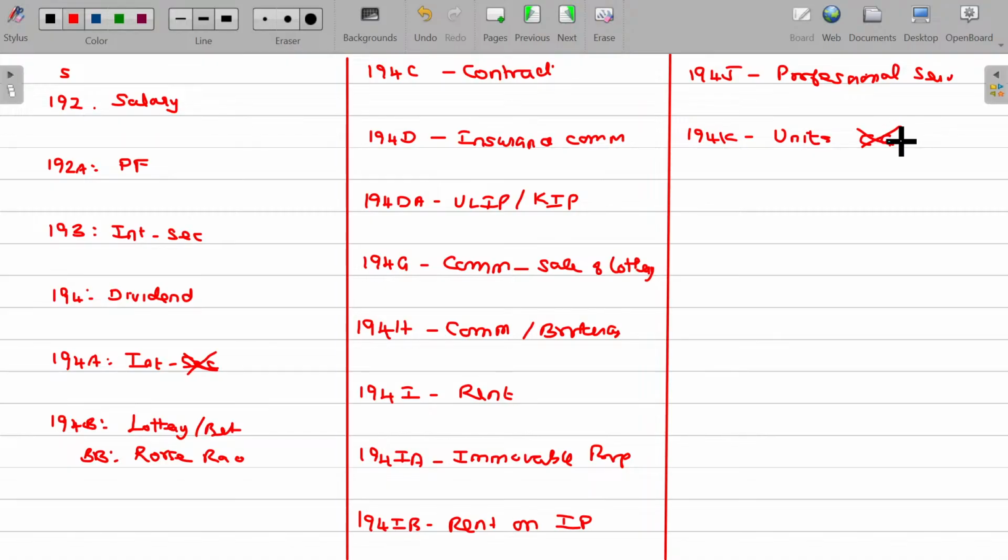Income from sale or transfer of units or any other income other than capital gains. 194LA is compensation for immovable property on compulsory acquisition.